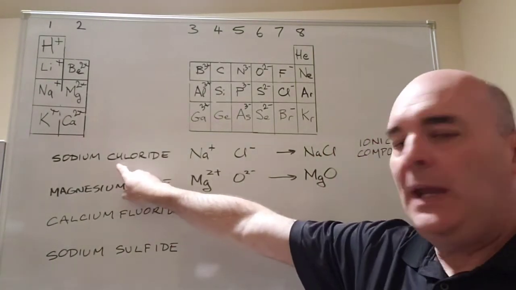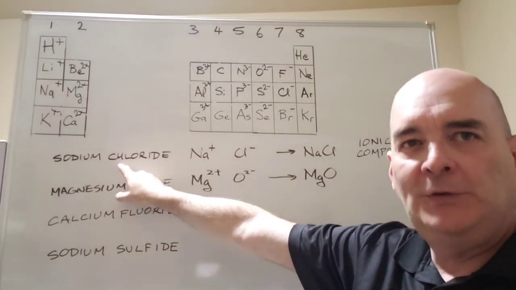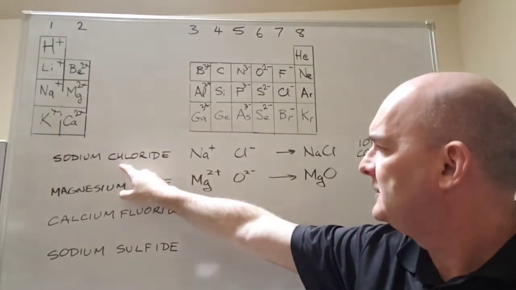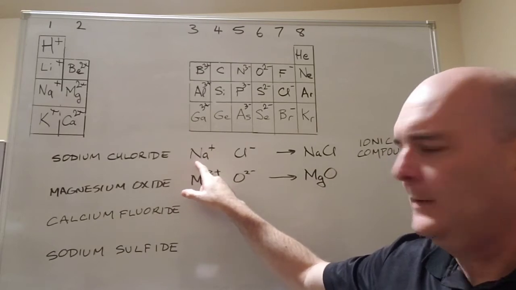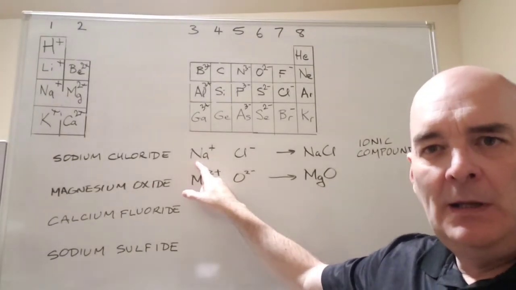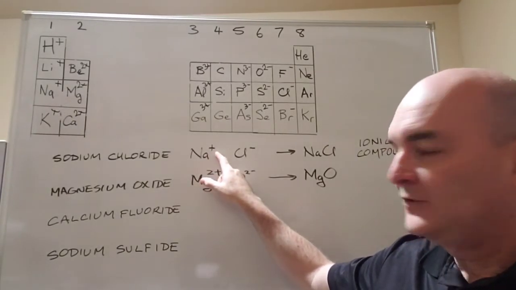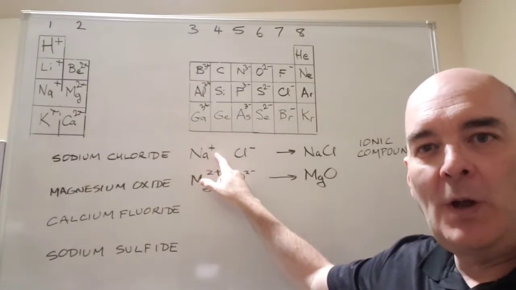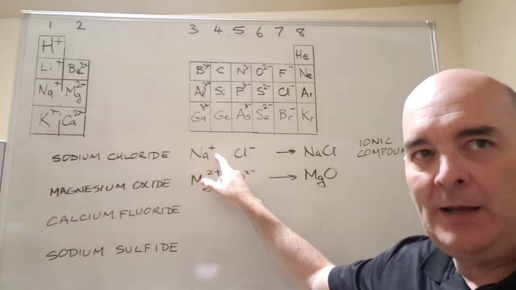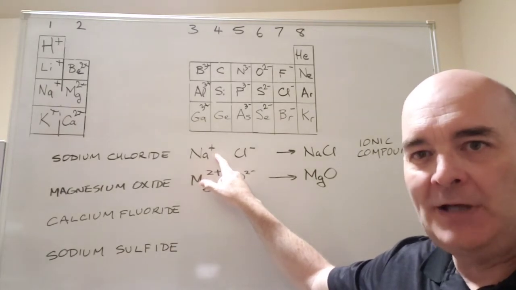So if I wanted to make sodium chloride, which you might be aware is table salt, I would find sodium as an atom. It's a metal, so I will oxidize it. Sodium is in group 1, so I will oxidize it 1 time to a +1 cation.